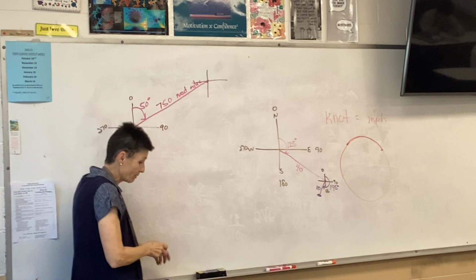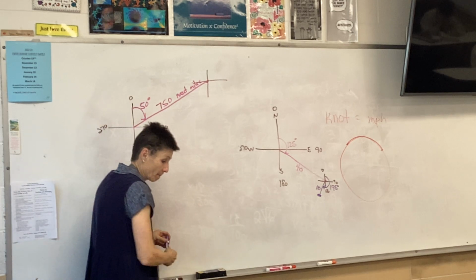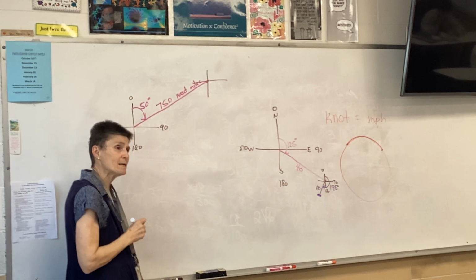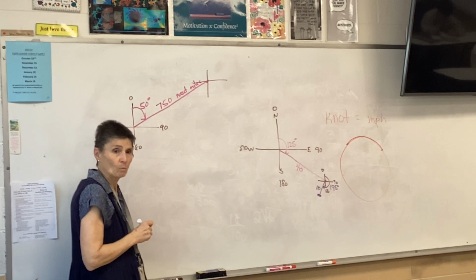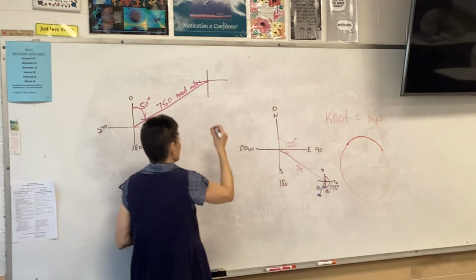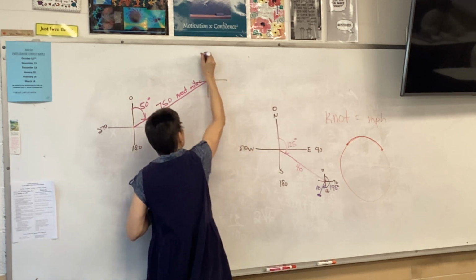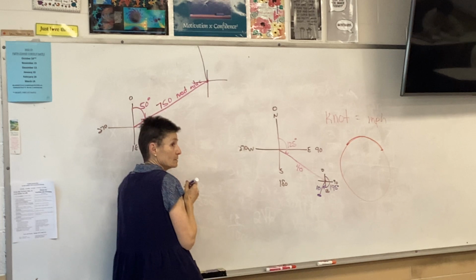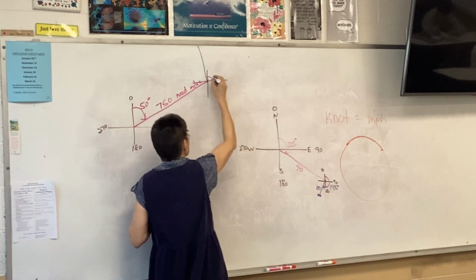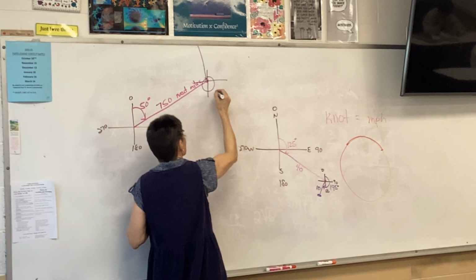And now he's going to fly on a course of 350. Where's 350? Almost all the way around, right? So wouldn't 350 be right here? So here's 350.